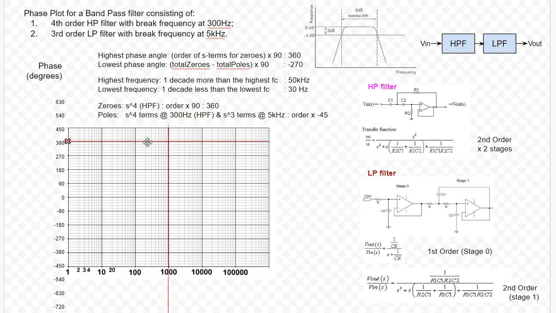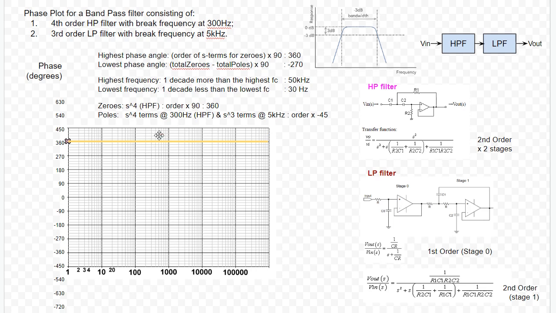So here I'm gonna put a line there. So that's gonna be our zeros, a 4th order zero at 360 degrees. So that's done for zeros because it's just a lone S term.